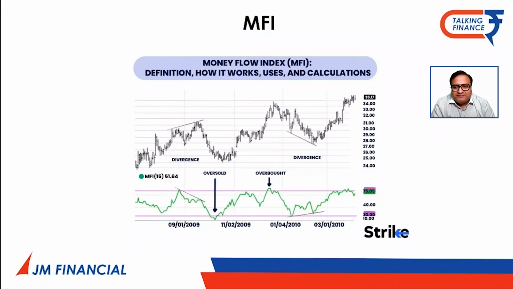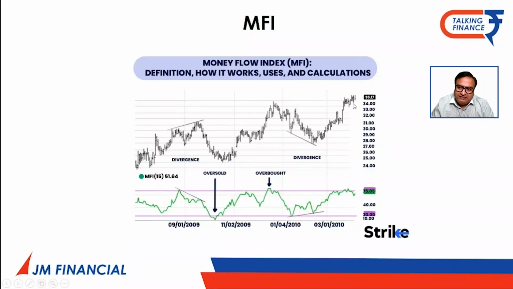But the idea here is to identify whether the stock is overbought or oversold, or if there is a divergence building up. As you can see in the first instance, the stock made a new high, but the MFI didn't, so it was a bearish divergence. In the second case, the stock made a new low, but there was no new low registered on the MFI, which is a bullish divergence.